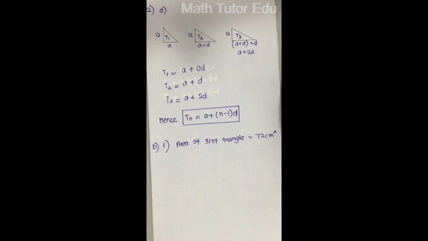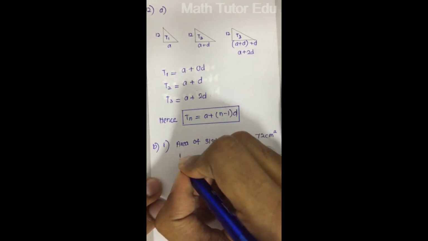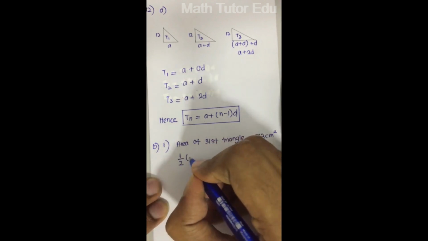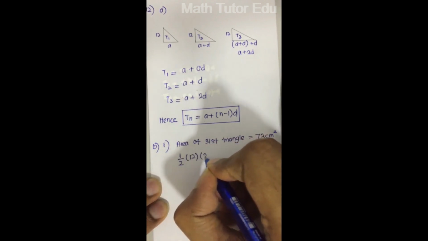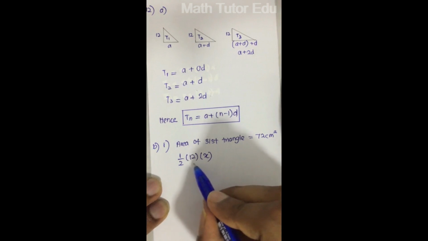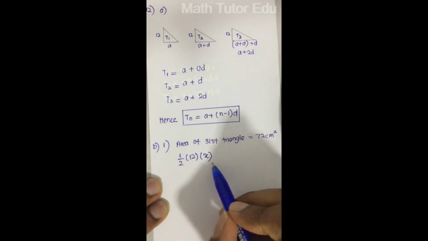How are we going to do that? Very simple. We just apply the formula half times base times height. Height is fixed at 12 centimeter. We just need to find the base. So 1 over 2 times 12 times x. This 12 indicates the height and this x indicates the base.